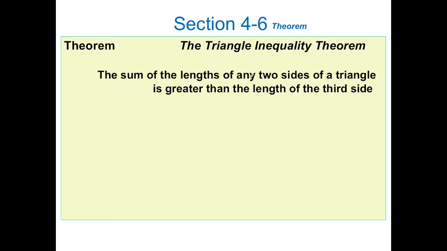Okay, so maybe we can talk about it a little bit first. So say we have a side length of 3, for instance. And we have a side length of 5, okay?